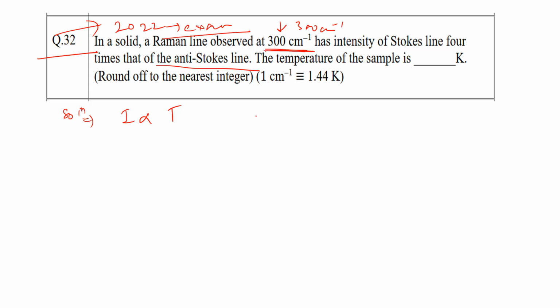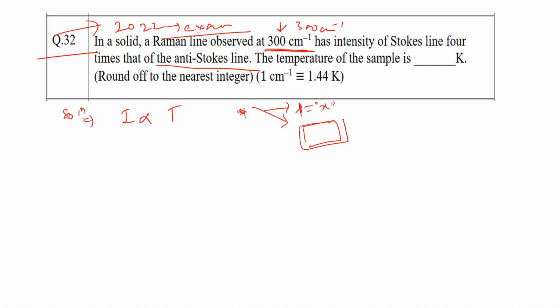What is Raman spectroscopy? Basically, suppose there is light of some particular wavelength, and we have some material, and we have illuminated this material with this light. Let's say the wavelength is x.